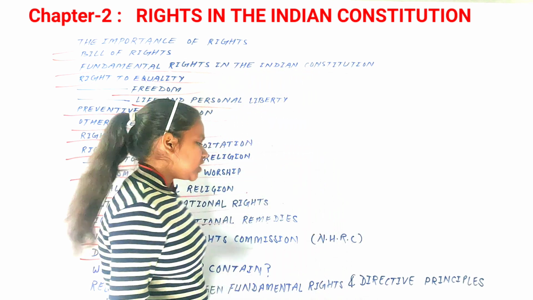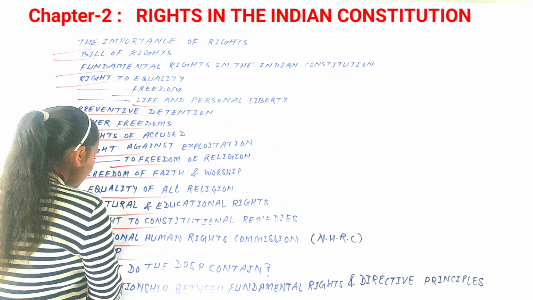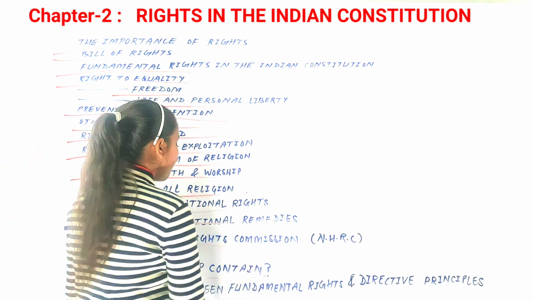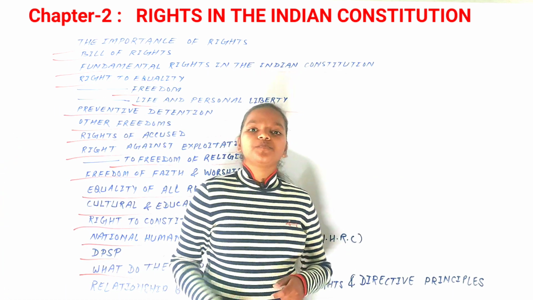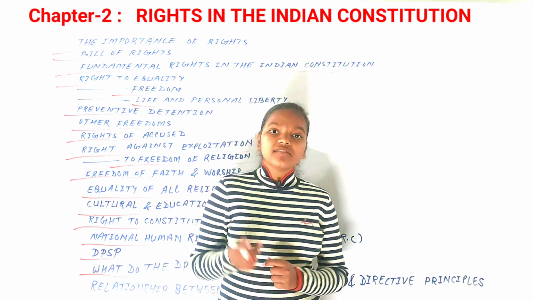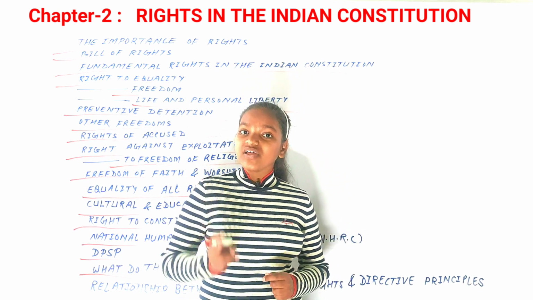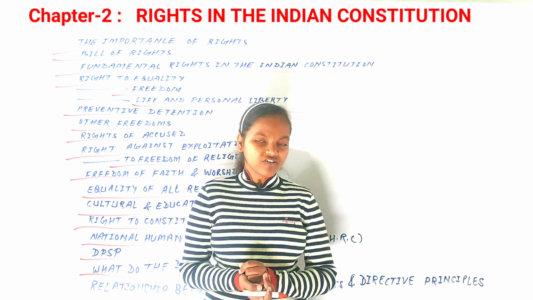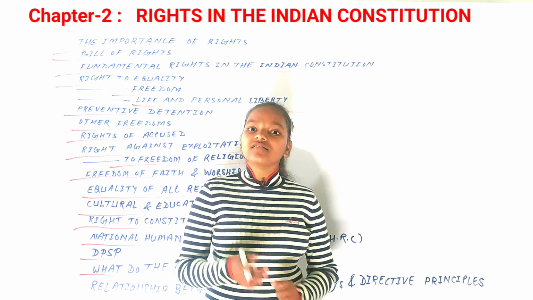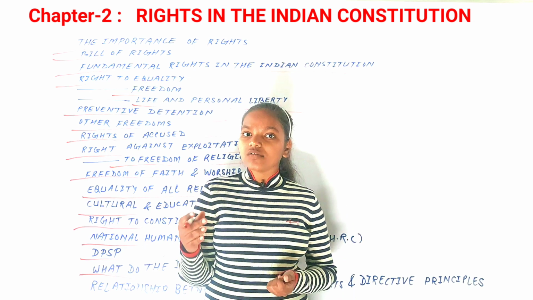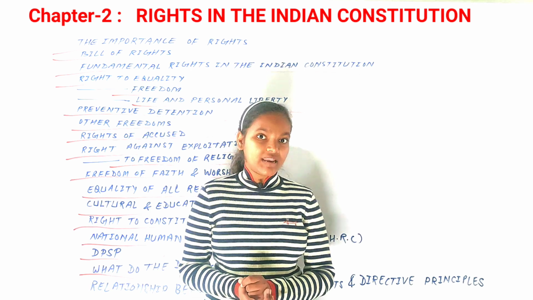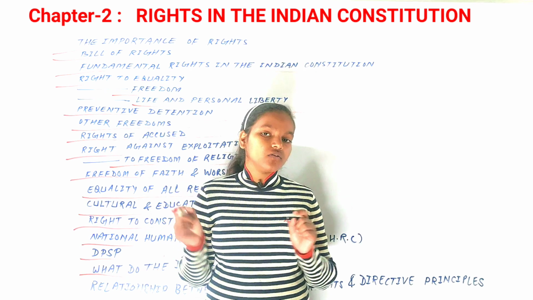Then the next question that arises here is, what do the Directive Principles contain? There are mainly three things contained in the Directive Principles. First, some objectives and goals for the citizens of India that we as citizens should follow.